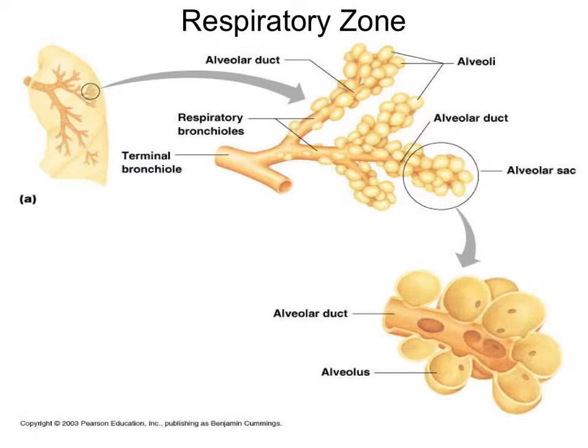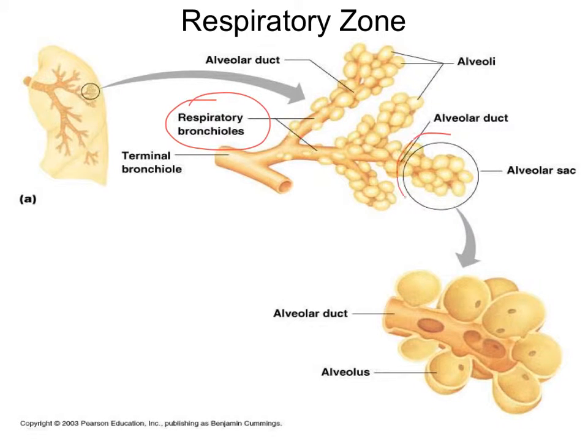So in the respiratory zone, remember, this is where gas exchange is actually going to occur. As the bronchial tree branches into smaller and smaller passageways, you finally get to what we call a respiratory bronchiole. These respiratory bronchioles actually have some gas exchange.